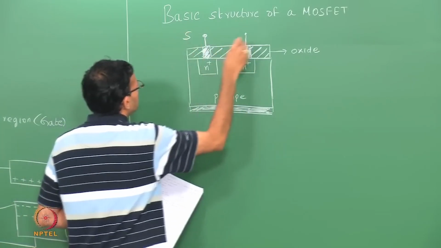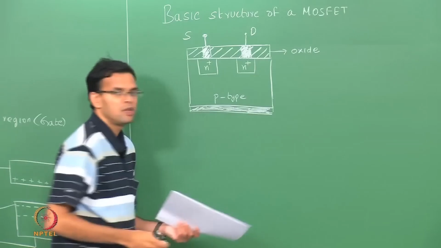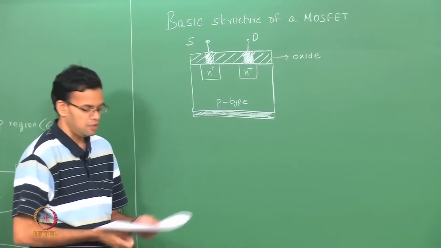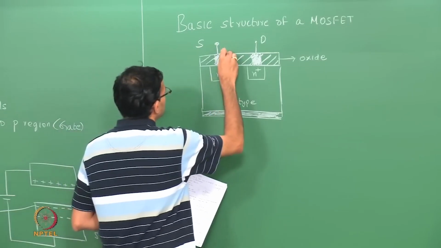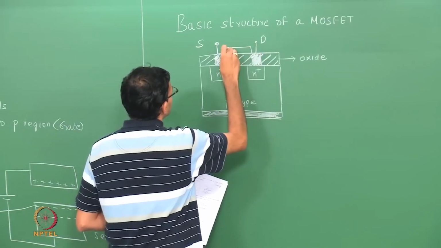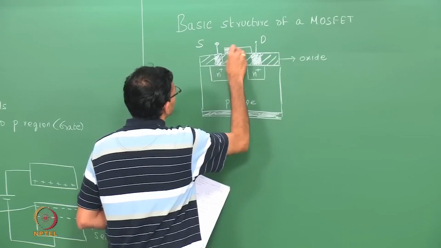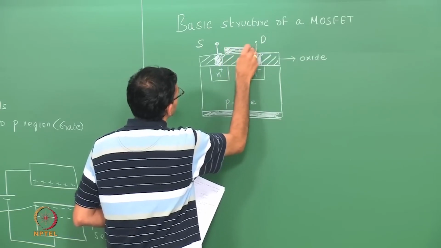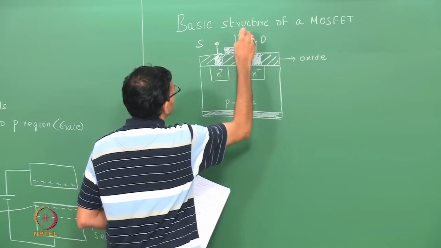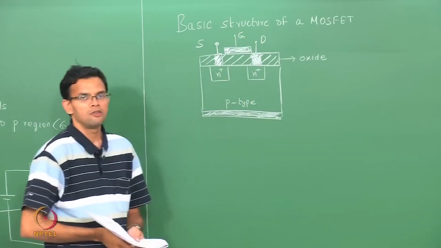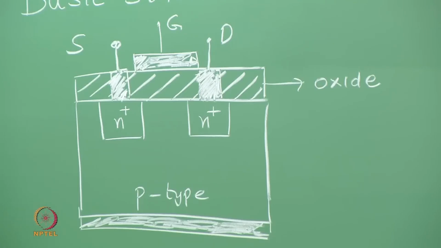So let me call them S and D so that they are your source and the drain. We also have a gate region, through which you can apply a potential.